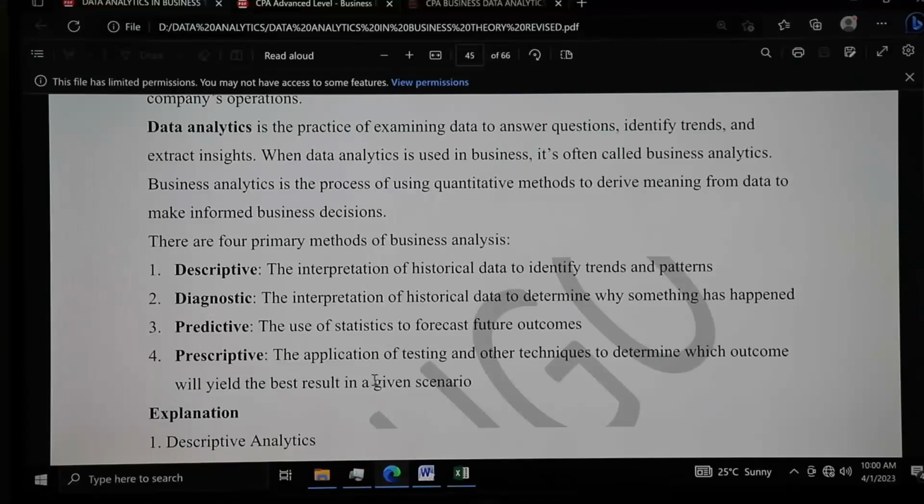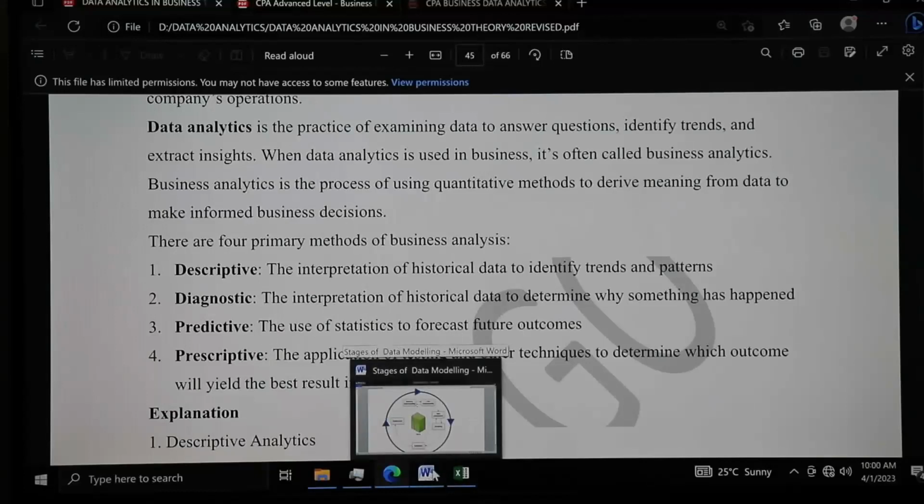Of course, you can say that it can help us to predict, then predictive is used to forecast the future.